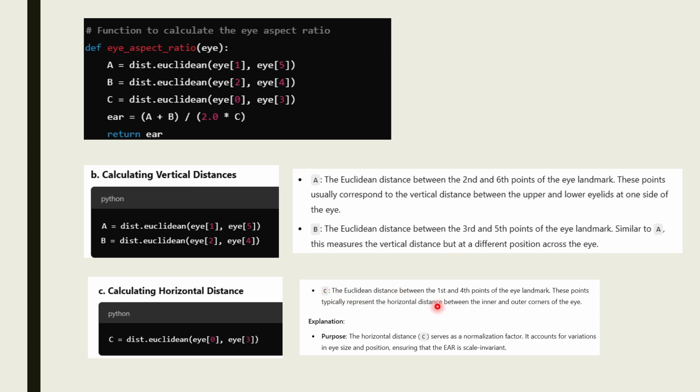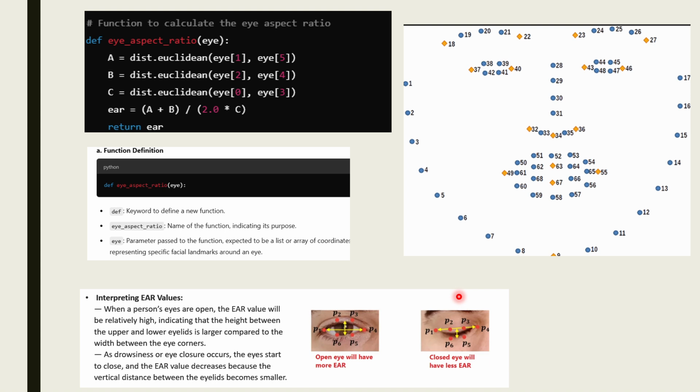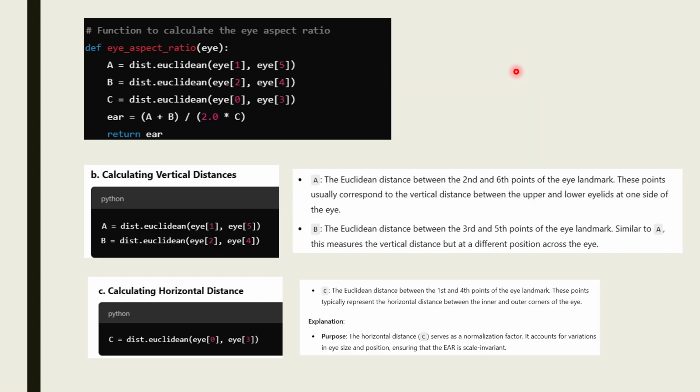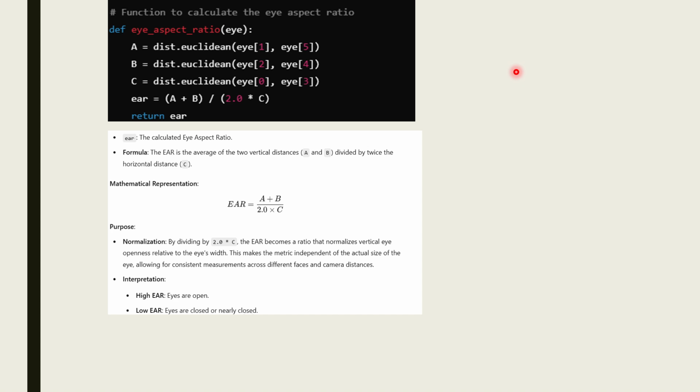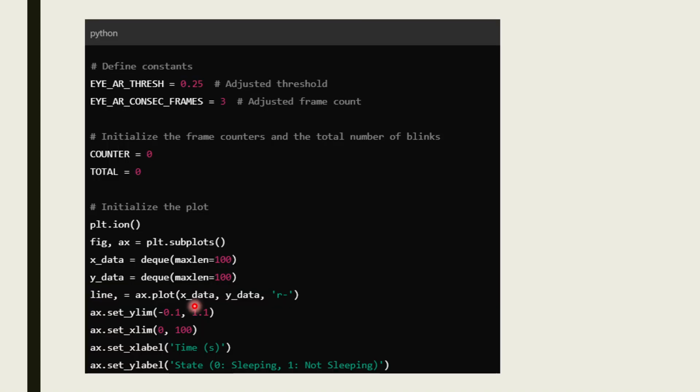What is C? The Euclidean distance between the first and the fourth landmarks. The first and the fourth is this one. So now if the eye is open, it will have a high EAR value. If the eye is closed, it will have a low EAR value.